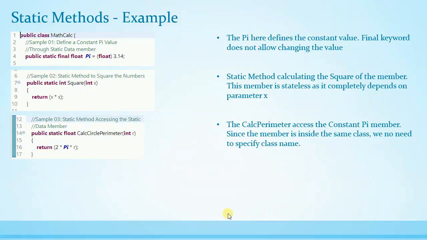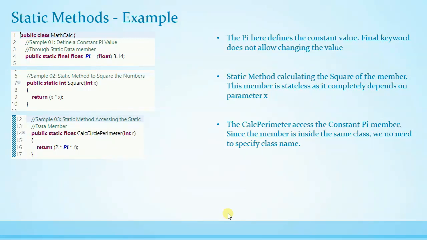Also, if you see here in the calc circle perimeter, we access the phi, and it doesn't specify MathCalc here because we are accessing it from inside the class itself. So the calc circle perimeter is in the current class scope, so we directly access phi inside it.